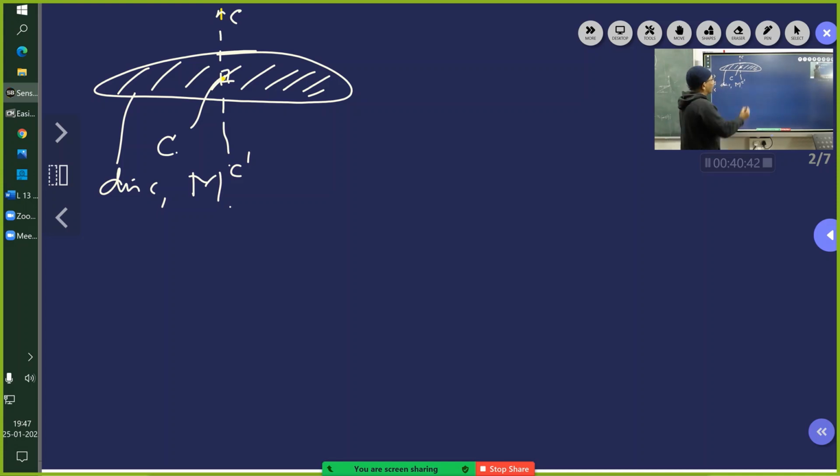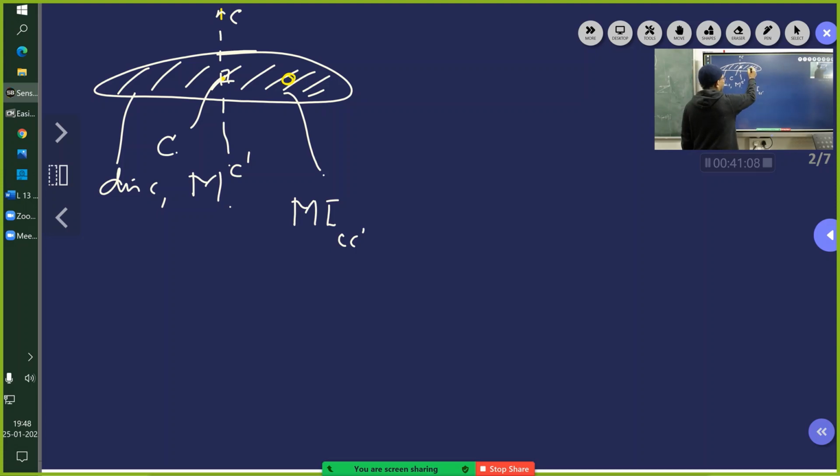Now, if I want to know the moment of inertia of the disc with respect to the axis CC dash passing through the center, the way we have to do it is very simple.